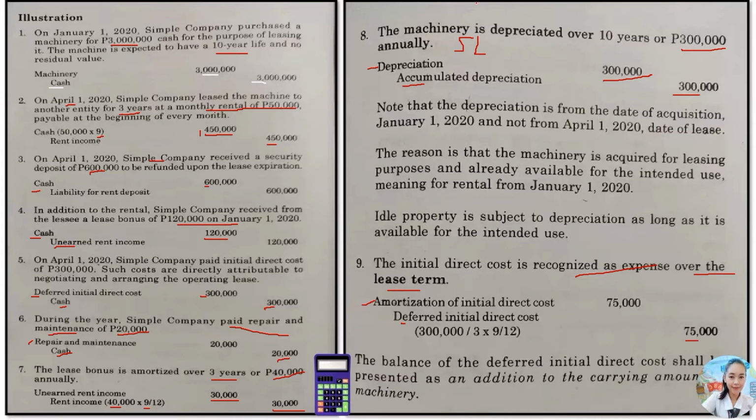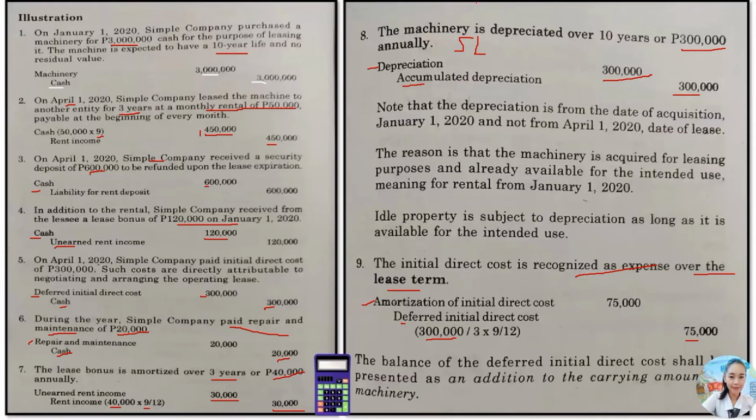Now, how did we get the 75,000? Take note that the initial direct cost incurred is 300,000 on April 1, 2020.